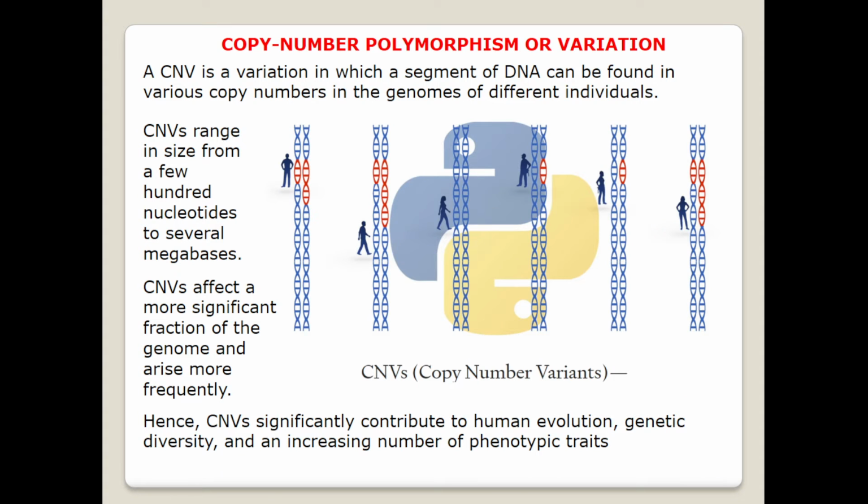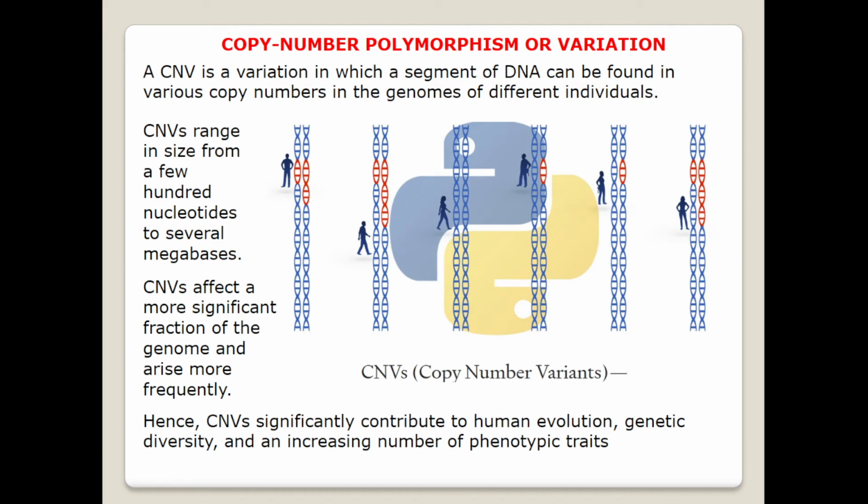And from the label, from the name, you understand that we need to speak about copy number polymorphism variation, when nucleotides have repeats, short or bigger.